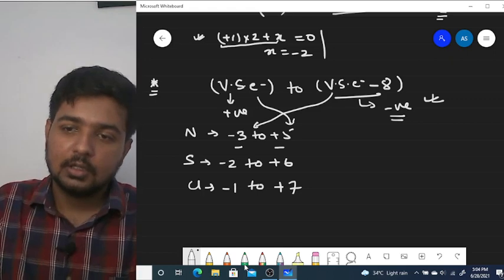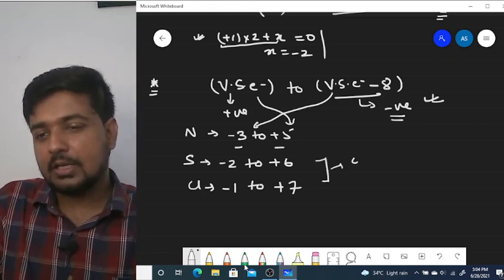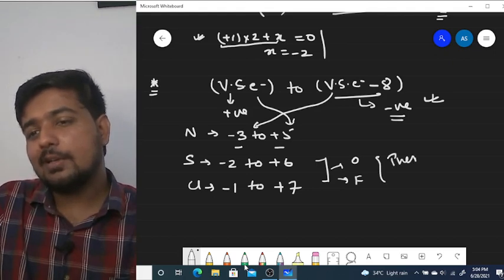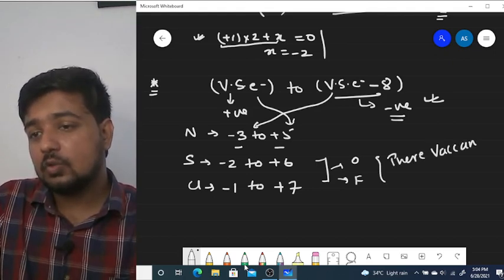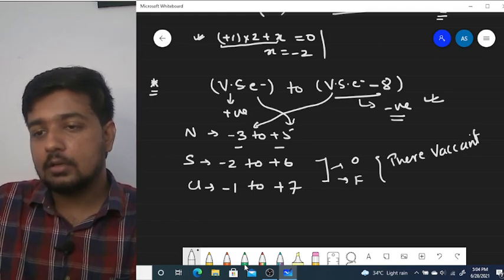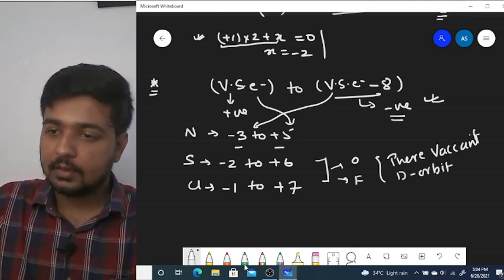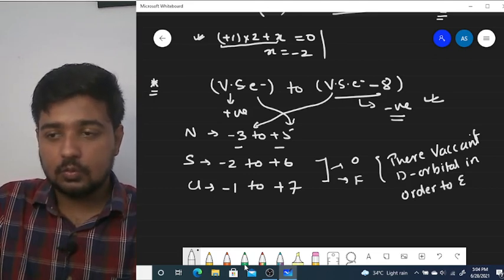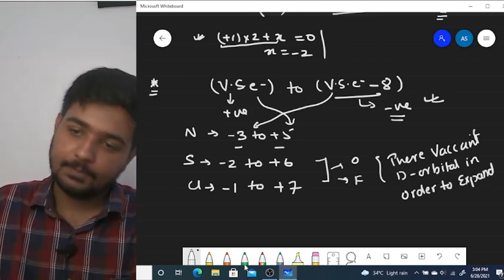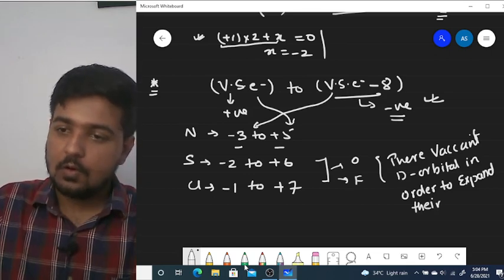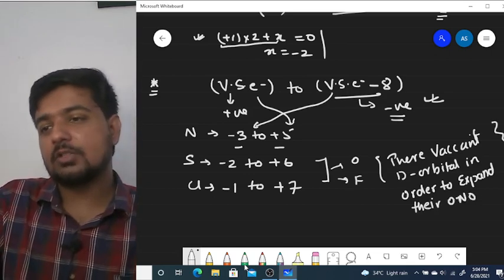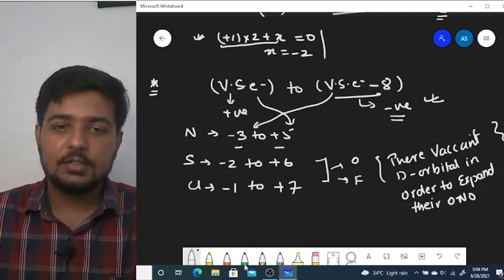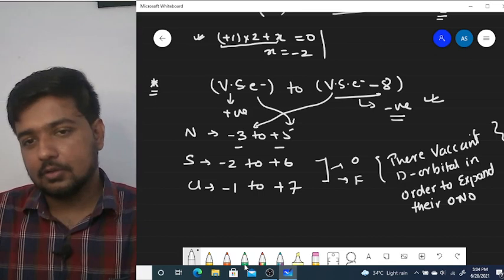Is it clear? You may wonder why I have not taken this range for oxygen or fluorine: because they do not have any vacant d orbital in order to expand their oxidation number. Is it clear? So these are the things.